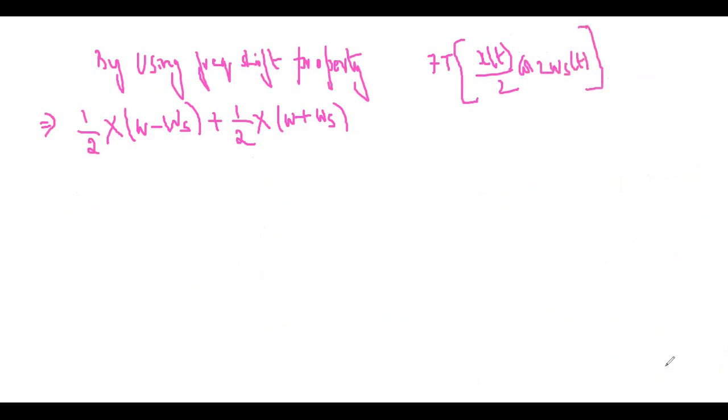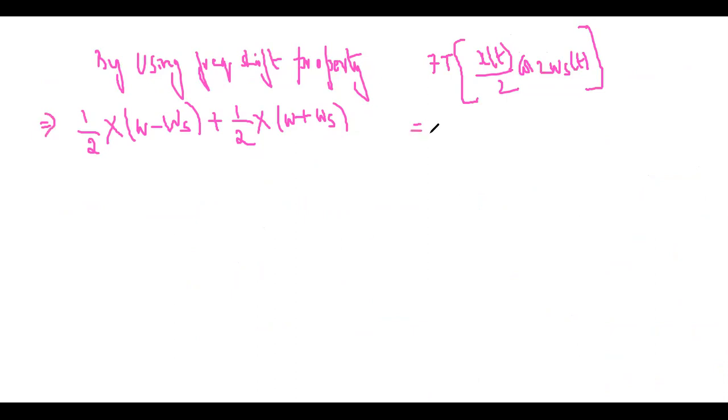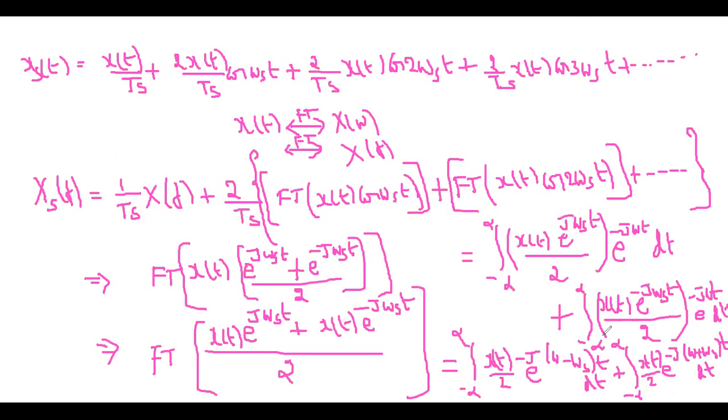Using the same thing, that is equal to 1 by 2 x of omega minus 2 omega s plus 1 by 2 x of omega plus 2 omega s. Okay, and so on.